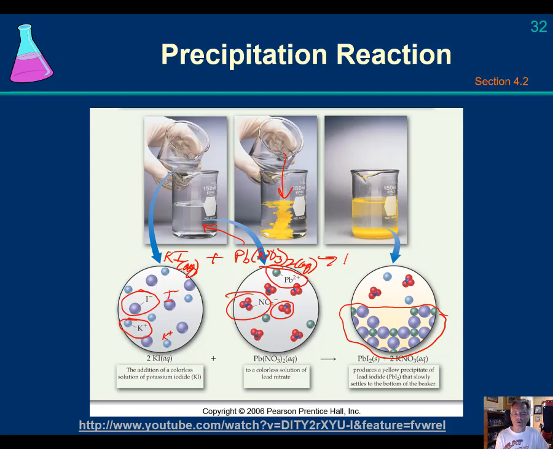So here's what happens. You get lead, it's got a +2 charge, and so you need 2 of these -1 iodides to go with it. And this is a solid. It's a precipitate, and it's indicated right here.